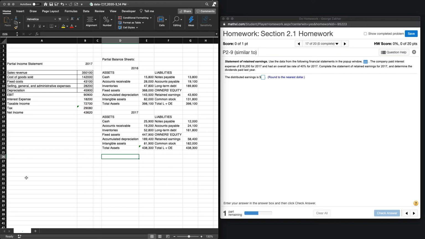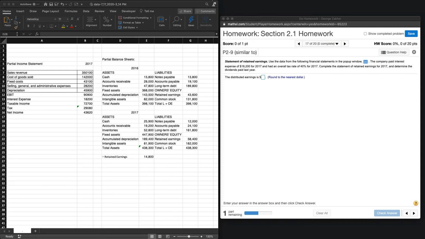Our change in retained earnings is the difference between the ending and opening retained earnings. In this case, it's the difference between our 2017 and our 2016 values.